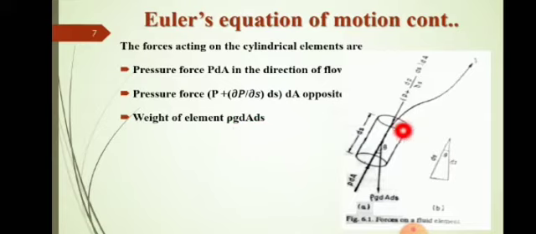What is the volume of this fluid element? dA is the cross-sectional area and ds is the length, so dA into ds is the volume of the fluid element. So the weight will be rho into g into dA into ds, where rho is the density, g is the acceleration due to gravity, and dA ds is the volume of the fluid element. These are the forces acting on the fluid element; all other negligible forces we are not considering. We are only considering the pressure force and the weight of the element.